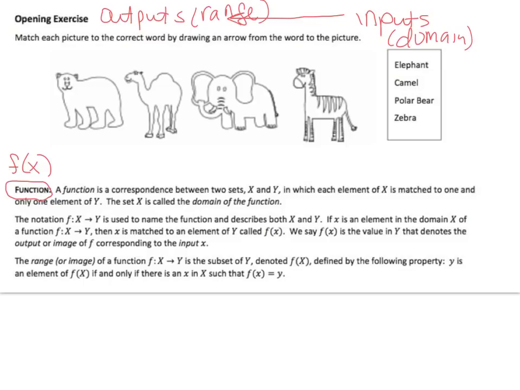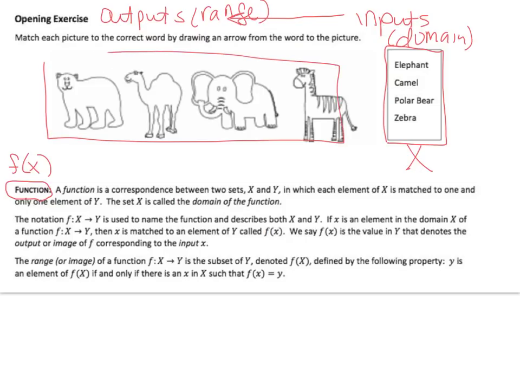So what we just talked about is element of X. This box of words right here is big X. It's all of the elements of X. There are 4 elements of X. And we're matching them one to one and only one element of Y. So this right here is our big Y. It's our elements of Y, and there are 4 of them.